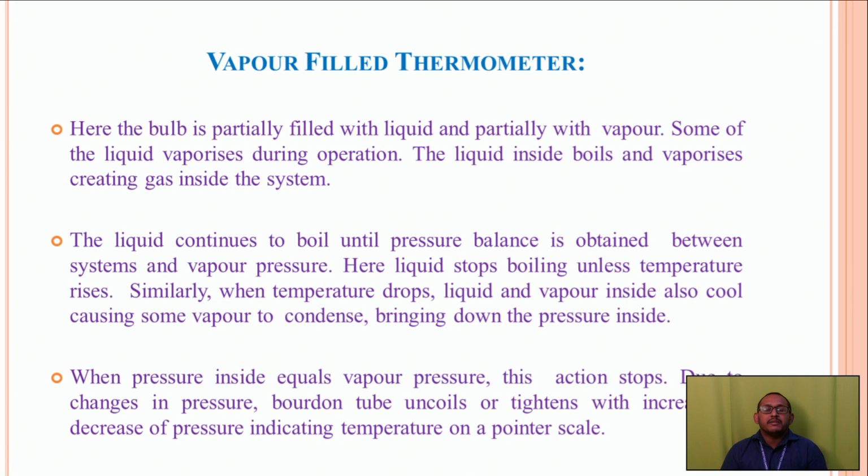Similarly, when the temperature drops, the liquid and the vapor inside will condense, and it will bring down the pressure inside the bulb. When the pressure inside equals the vapor pressure, due to the changes in pressure, the Bourdon tube will uncoil or tighten with increase or decrease of the pressure, which indicates the temperature on a pointer scale.